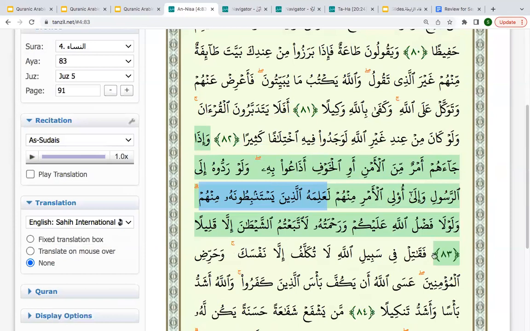Do we see any other jumla shartiya in the verse number 83, yes or no? Tell me now, because you are going to guide me here. Where is the adwatu shart? Very well done.